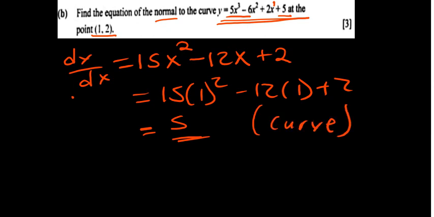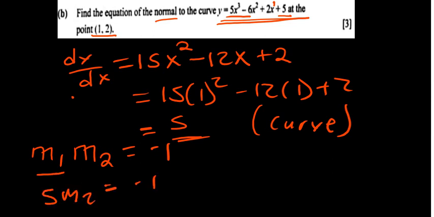We are saying the product of the gradient of the normal with the gradient of the curve is supposed to give you -1. Since you have the gradient of the curve, we can plug in: 5 times m2 equals -1. If you divide by 5, the gradient of the normal is going to be -1/5.